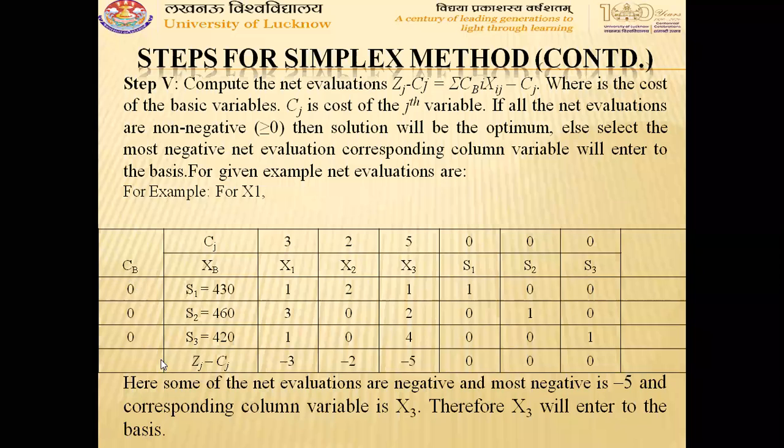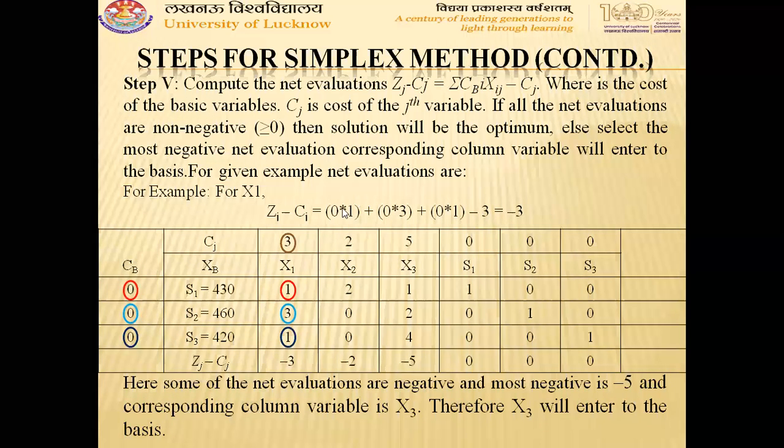So here, for calculating net evaluation, we multiply the elements of CB with the elements of x1, that is 0 into 1 plus 0 into 3 plus 0 into 1, and subtract the element in Cj, that is, minus 3.